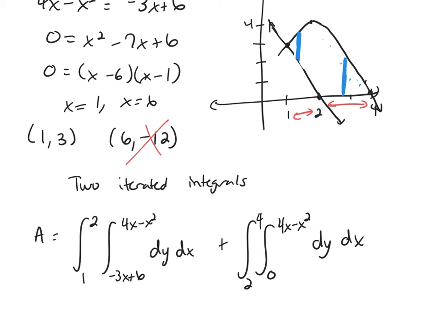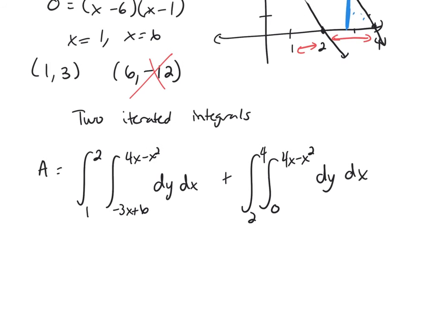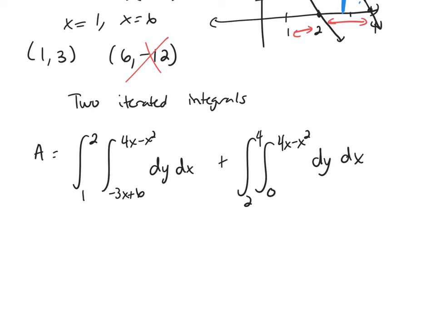Now, if you wanted to switch the order to dx dy, you would only need one integral to compute this. But let's just go ahead and keep doing it this way. So the integral from 1 to 2, if I compute this first integral, you're going to get 4x minus x squared plus 3x minus 6.